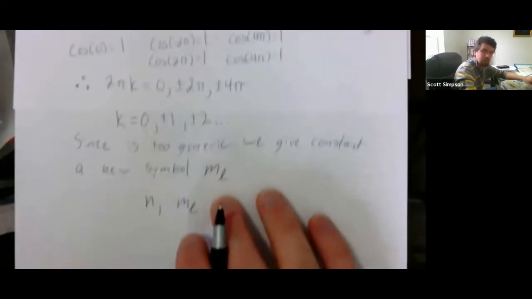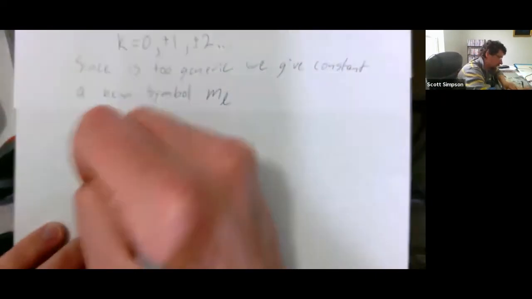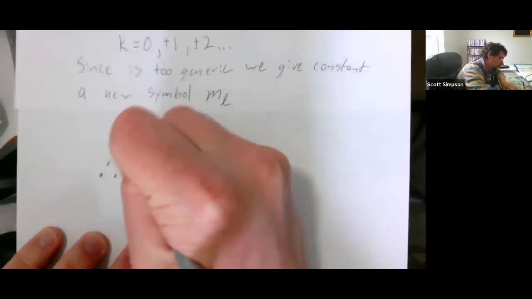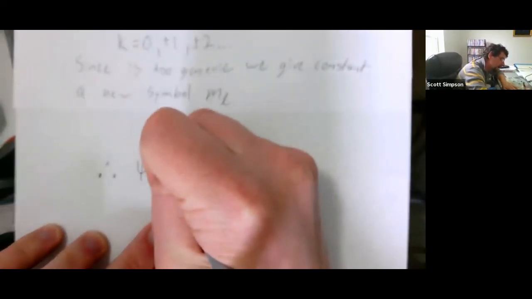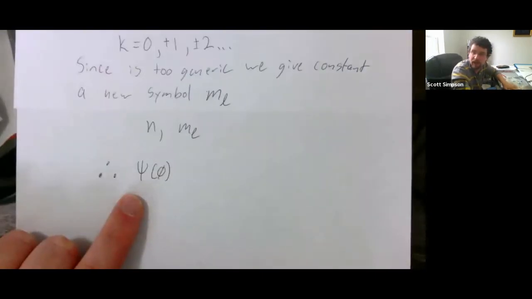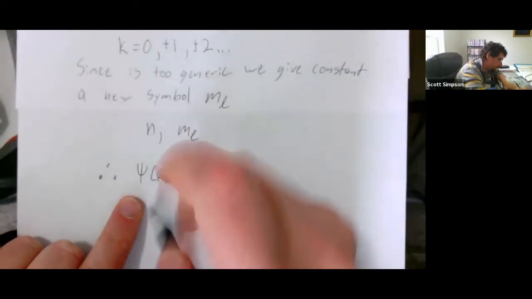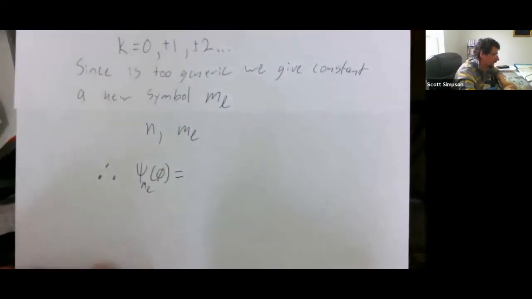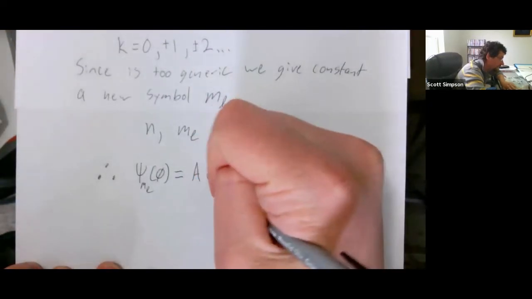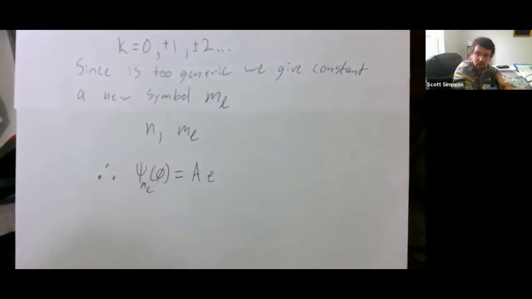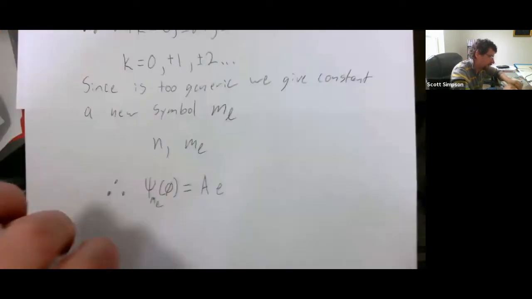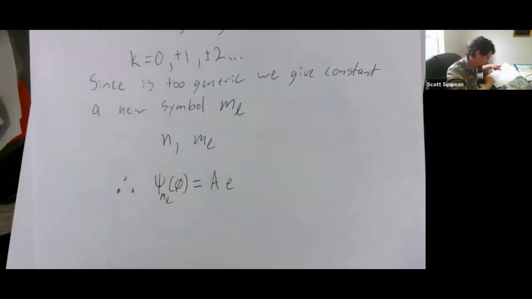Okay, but what does that make our expression? Let's go back to our wave function. It's dependent on phi. What else does it depend on? It depends on that value of m sub l. So we get A e to the... What's the rest of this going to be? What did we say our wave function expression was?